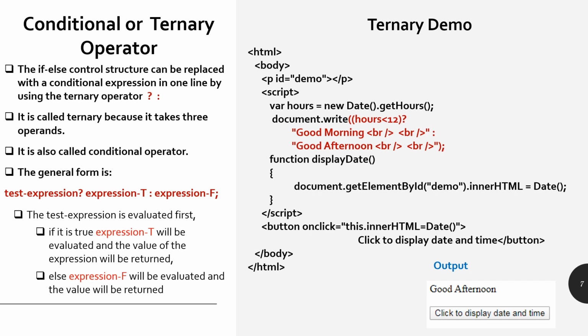If the test condition is false, after the colon, the false expression will be executed. That is, after the question mark is the true part, after the colon is the false part. If the test condition is true, good morning will be displayed. If the test condition is false, good evening will be displayed.